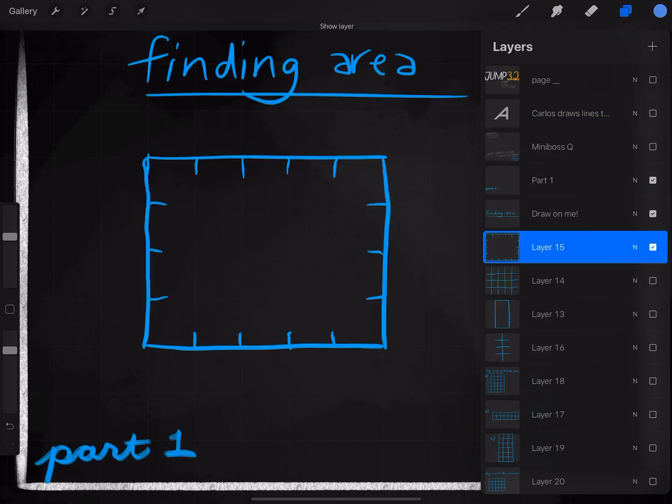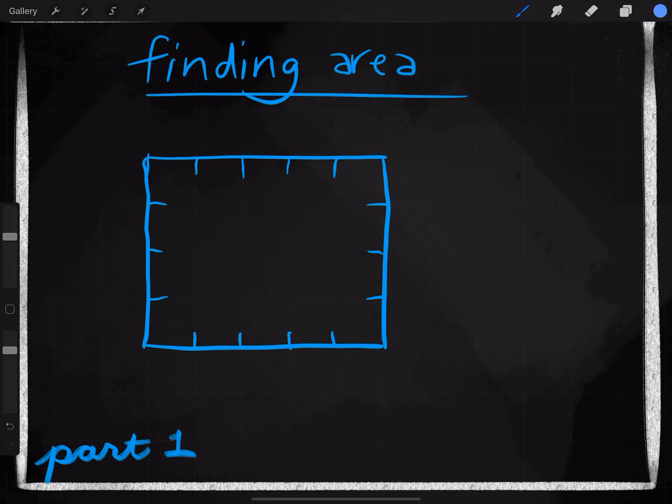Finding area. Your book will give you a bunch of drawings where each little square is either 1 inch square, or maybe 1 foot square or 1 yard square. So each box will represent one of those.